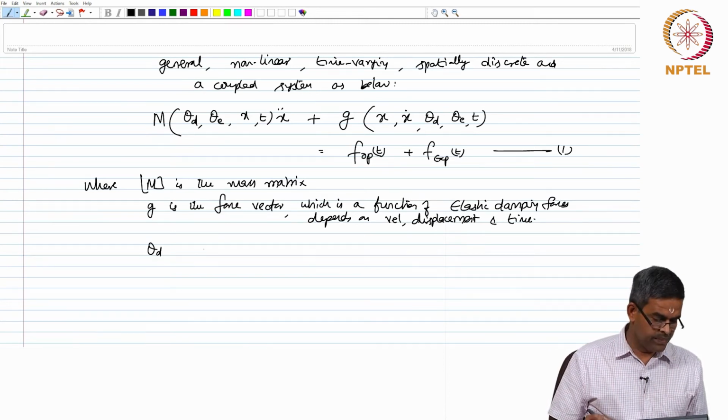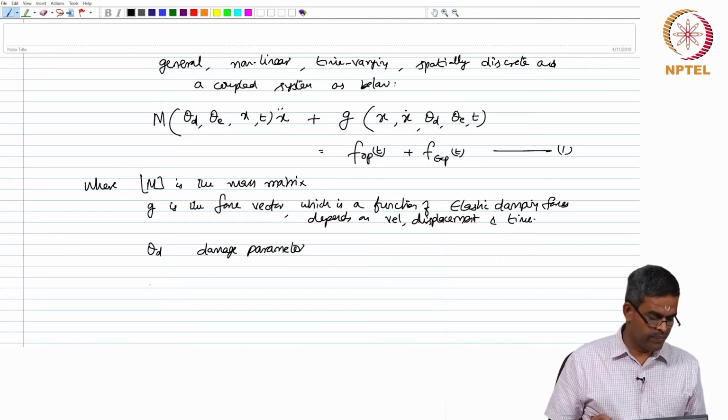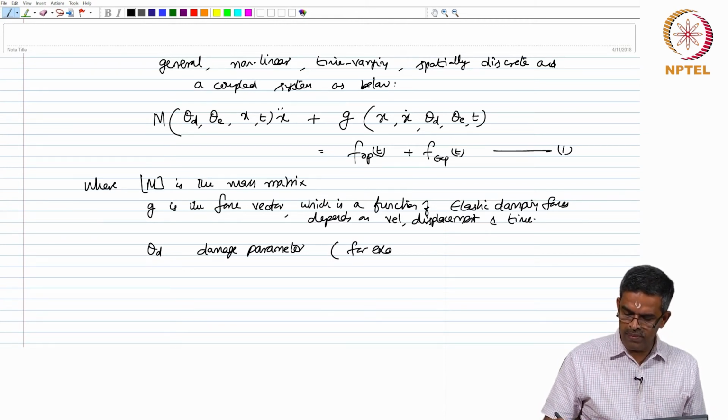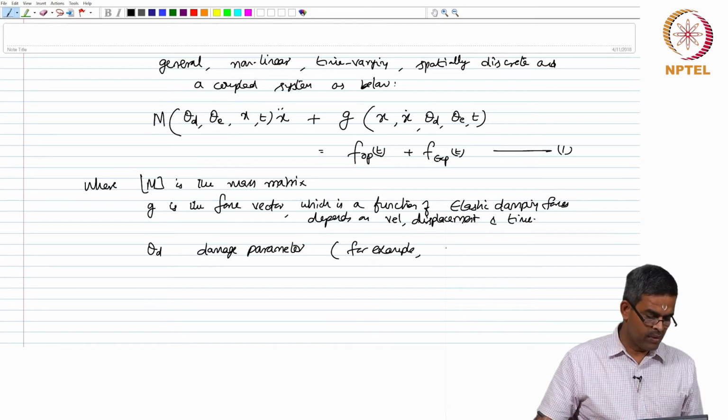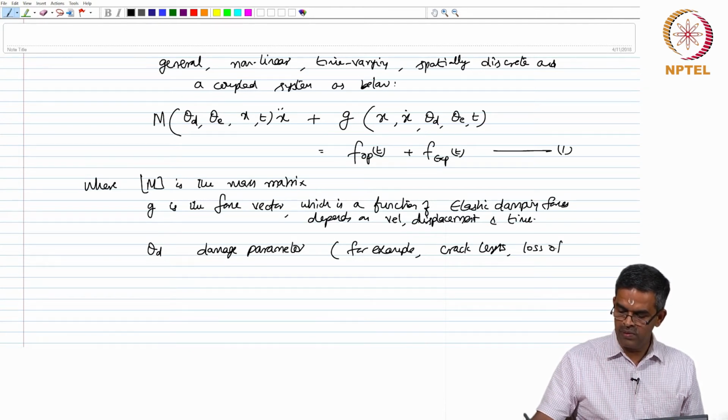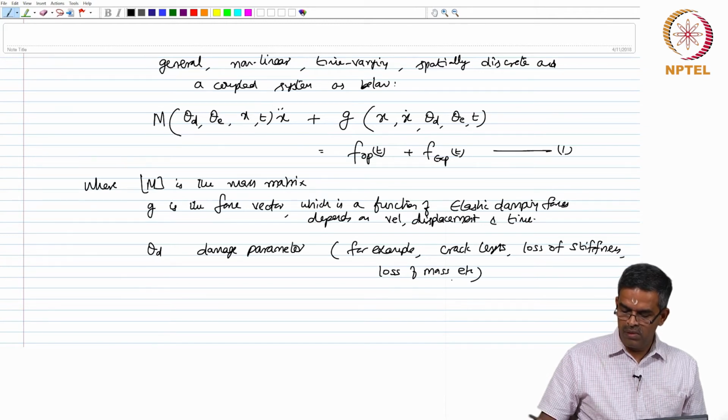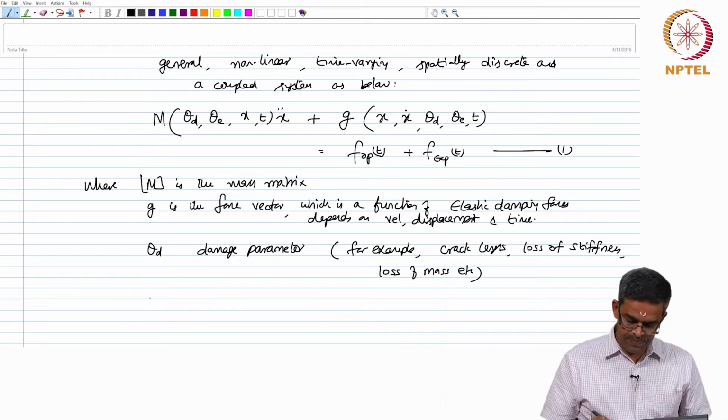Theta d is damage parameter. It can be any issues, for example, crack length, loss of stiffness, loss of mass, can be a damage parameter.